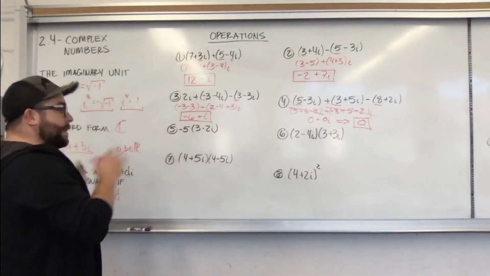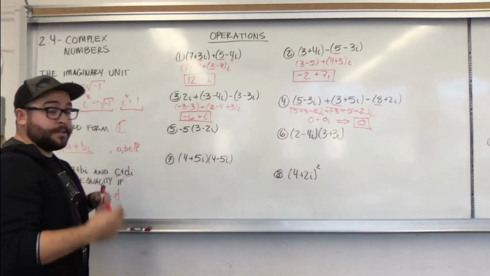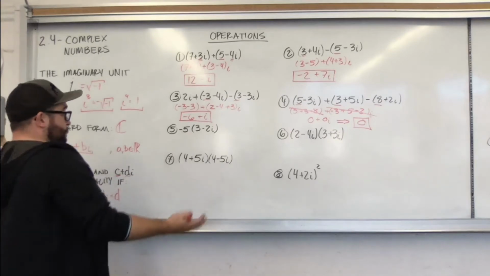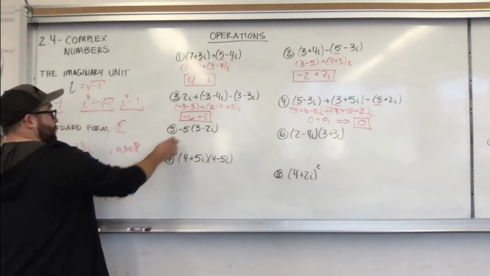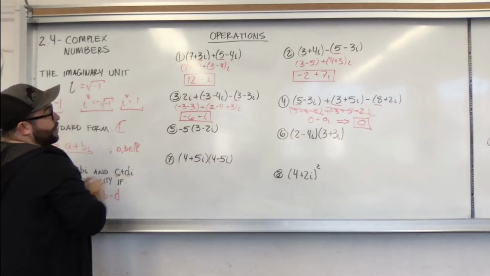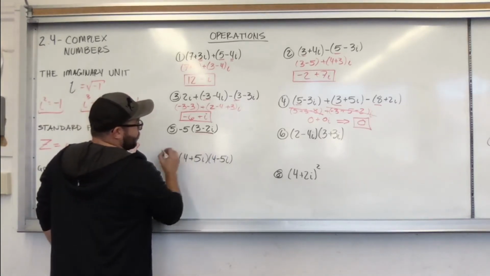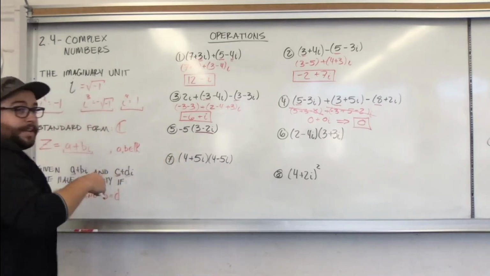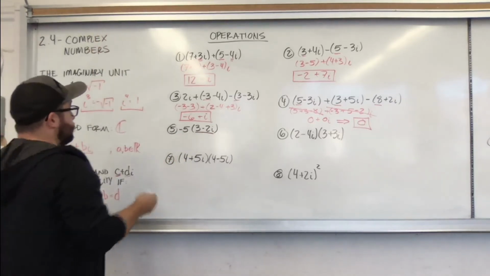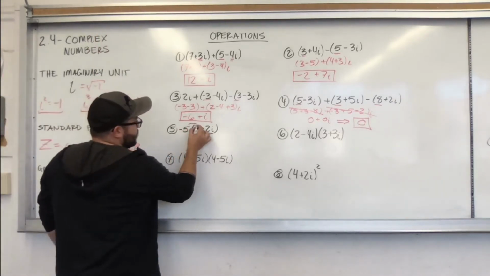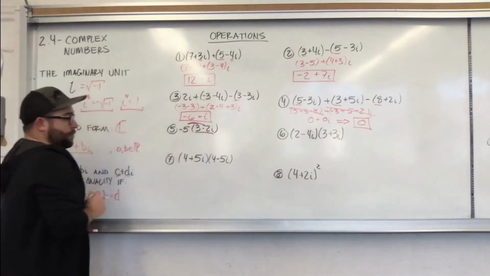When it comes to multiplication, we can think of foiling or distribution as our go-to. So for the first, number 5, we have a complex number inside parentheses and a -5 outside, kind of like our vertical stretch and shrink. And the nice thing about this is we're just going to be multiplying it like we would do distribution.